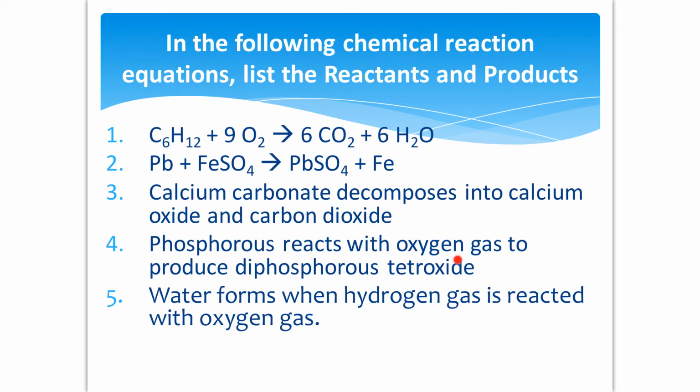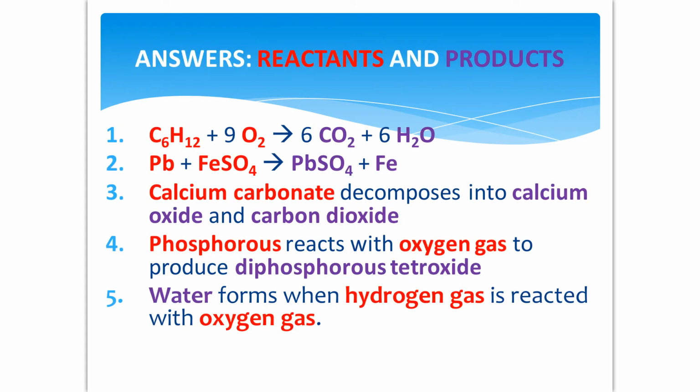Phosphorus reacts with oxygen: there's your "reacts with," so that means reactants, to produce, that's a clue for my products. So the products don't always come last in a sentence; sometimes they come first. However, in a chemical equation like these, the products are always listed to the right of the arrow.